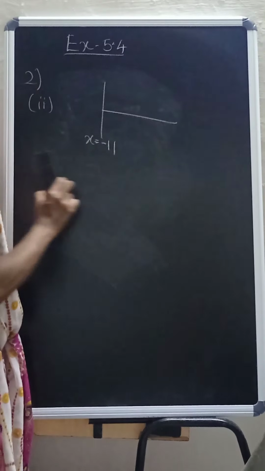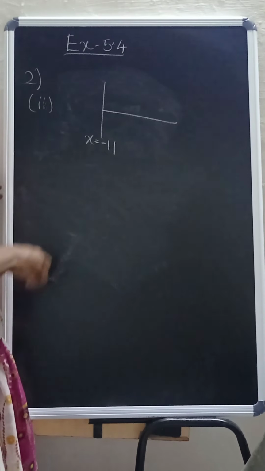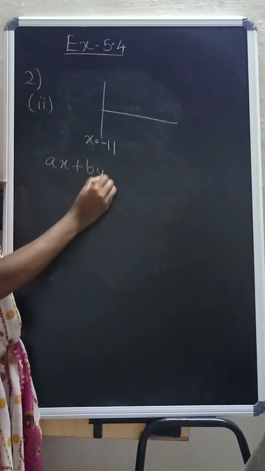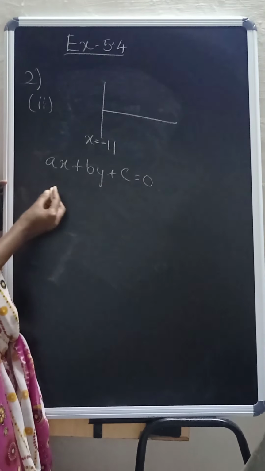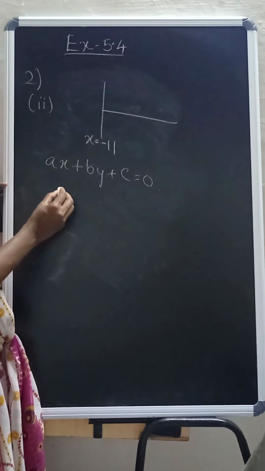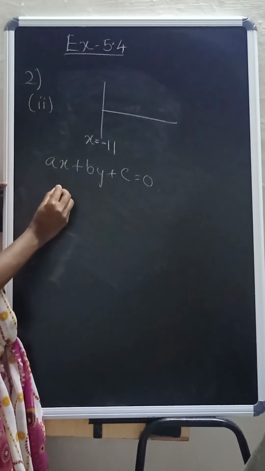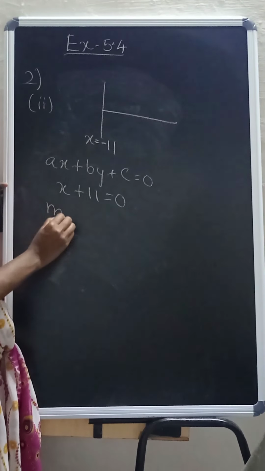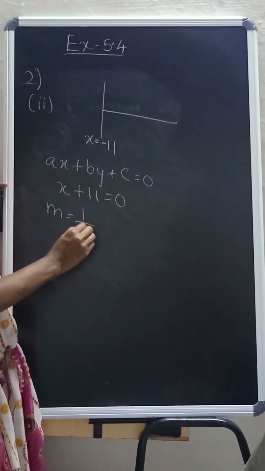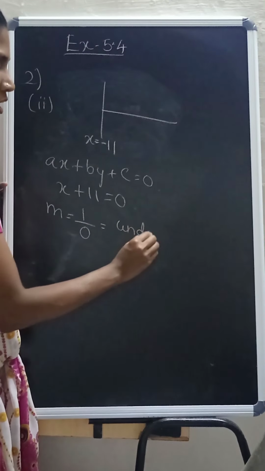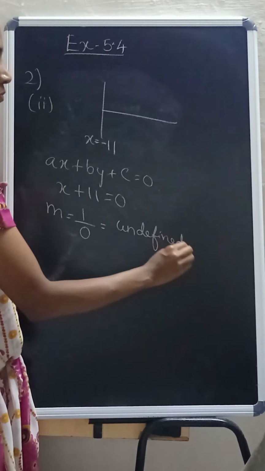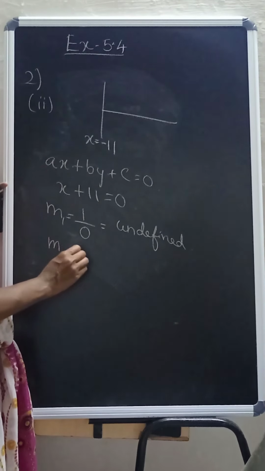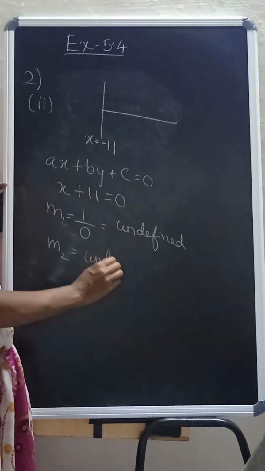Now what is the slope of this equation? Undefined. So since m1 is equal to undefined, m2 is also equal to undefined.